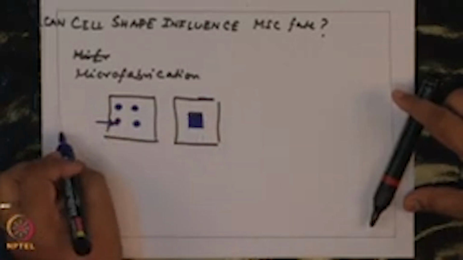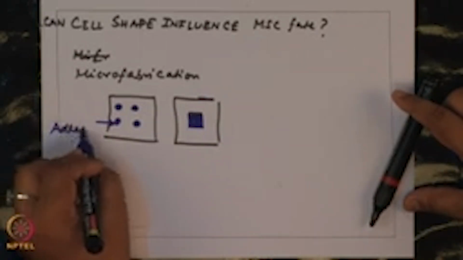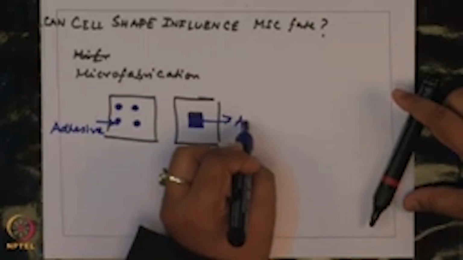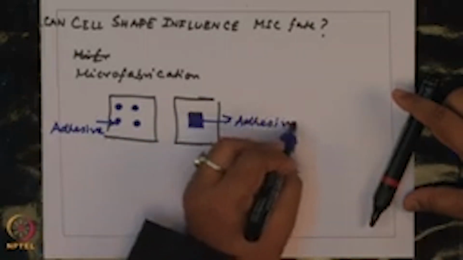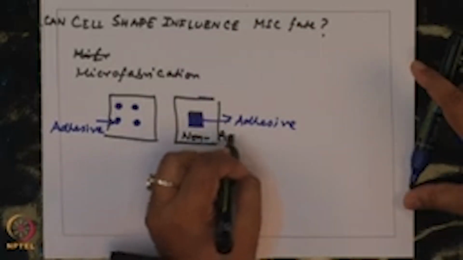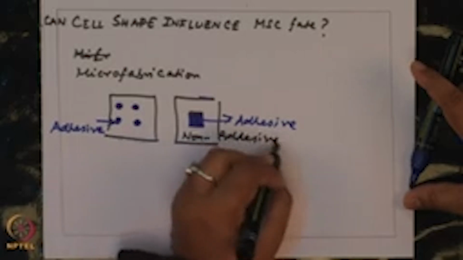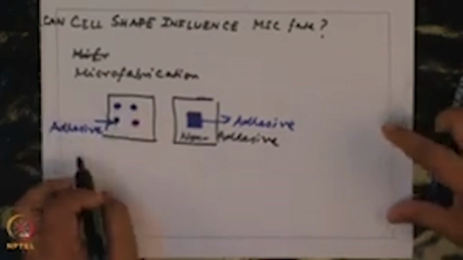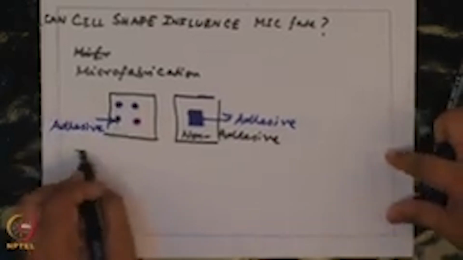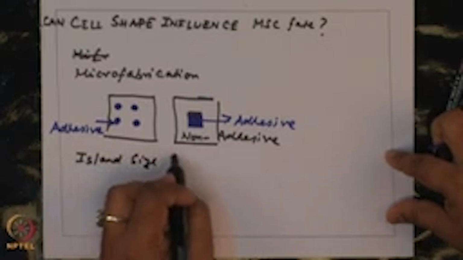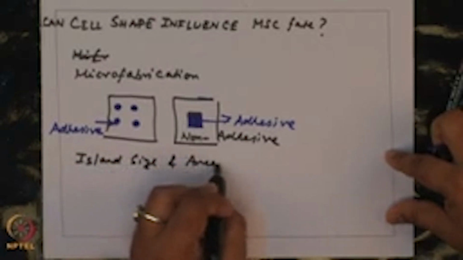These areas are adhesive, and this area is non-adhesive. So, what they changed was the area of the island; island size and area were changed.